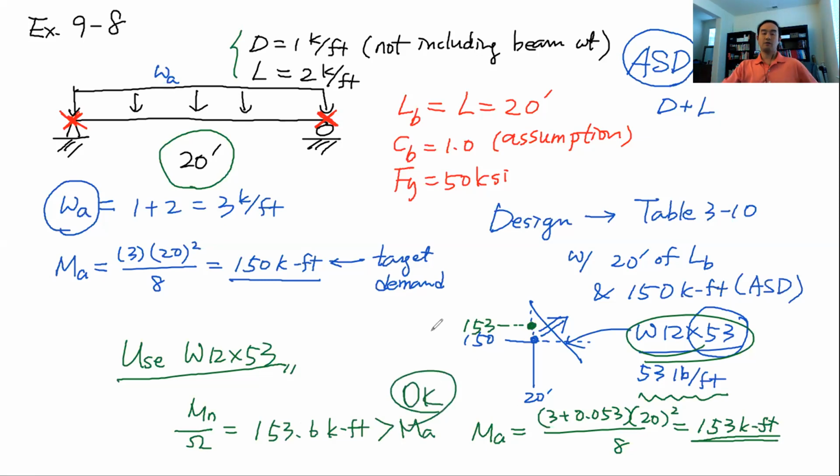All right, so this is how we can solve the problem using Table 3-10. This is the design problem, all right? Depending on the unsupported length and the given loading, we pick the section, and using the chart, we find out the lightest section within the range, and we double check whether the maximum capacity is still larger than the demand.